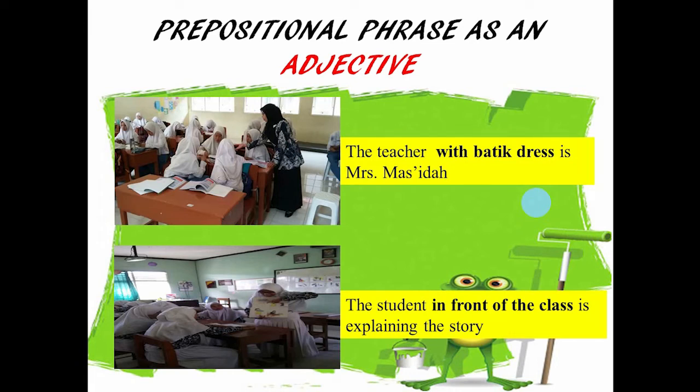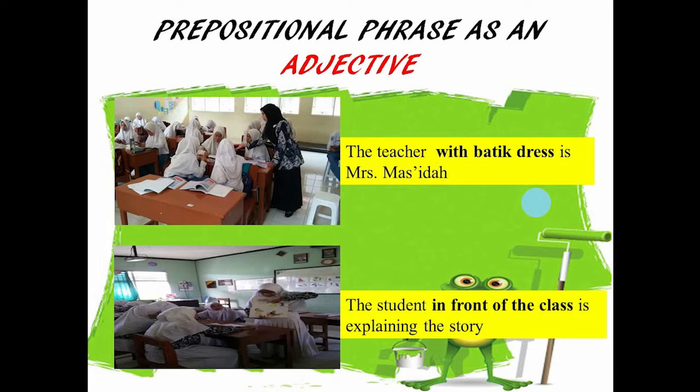Now, look at the examples of prepositional phrase as an adjective. The teacher with batik dress is Mrs. Masida. The teacher here is a noun, and with is a preposition. With batik dress is a prepositional phrase. The teacher, guru with batik dress, guru yang memakai baju batik is Mrs. Masida, adalah Bu Masida.